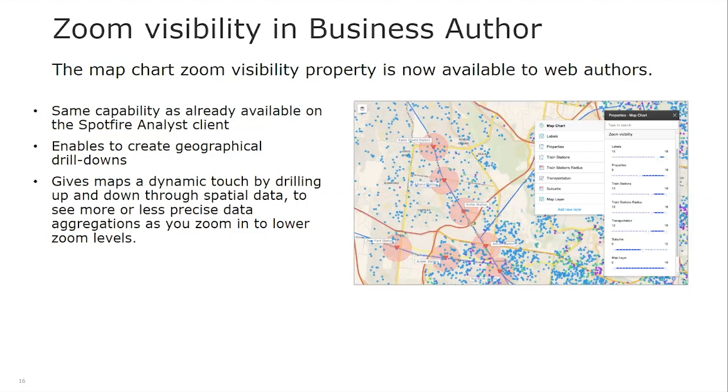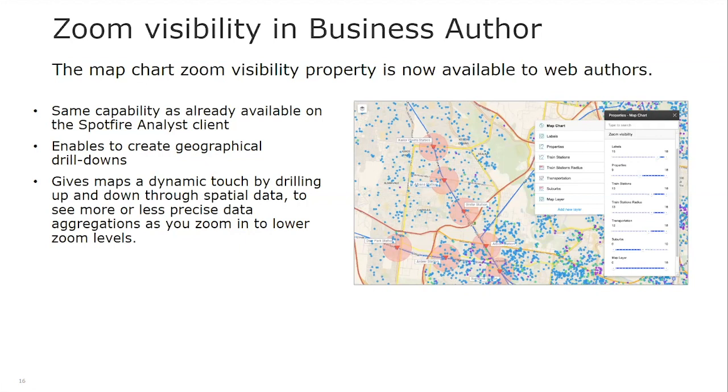We also have 2 map chart improvements. The first one is the ability to configure the zoom visibility setting in the business author in the Spotfire web authoring client. This capability is already available in Spotfire Analyst and allows you to create geographical drill downs, in the sense that when you zoom into a more detailed level, new map layers can be shown that have information on a more granular aggregation level.